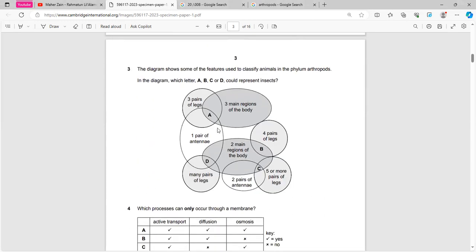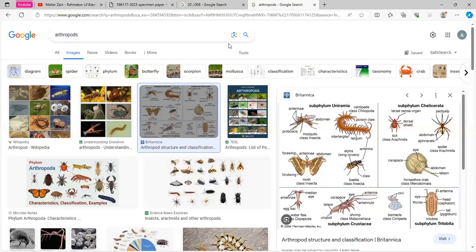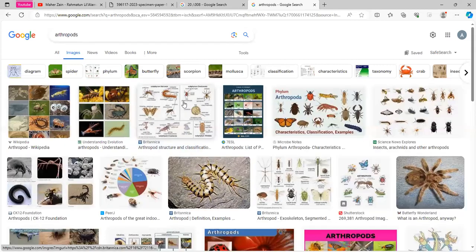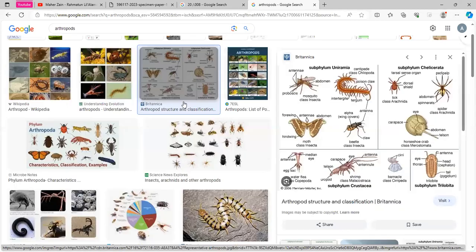In question number 3, I don't know if you studied the chapter of sets in maths, but whatever comes in between shows the intersection, the things which are common in each of the sets. First, I will tell you what arthropods are. Here is a pretty good example of a picture of arthropods.